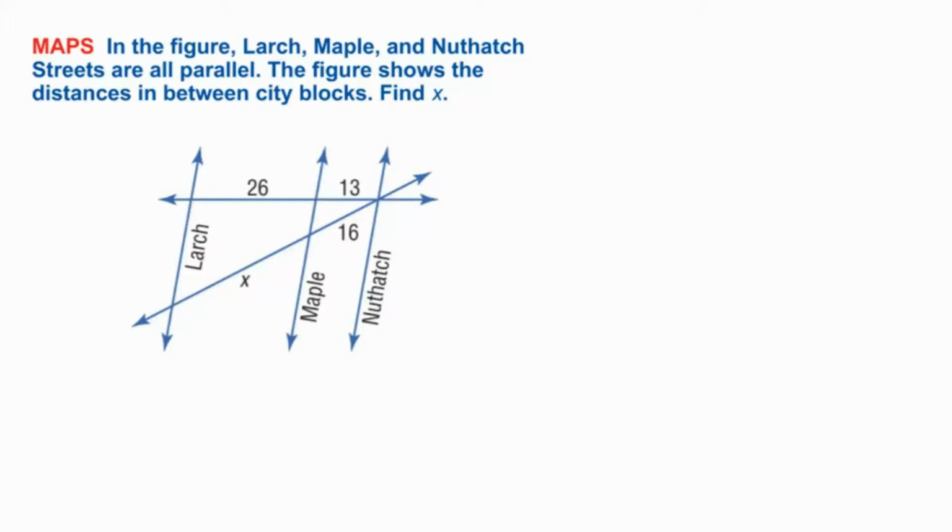In the figure, Large, Maple, and Nuthatch streets are all parallel. So these 3 streets are parallel. The figure shows the distances between the city blocks, and we want to find x. So x over 16 would equal 26 over 13.